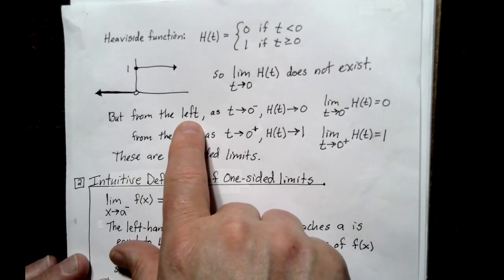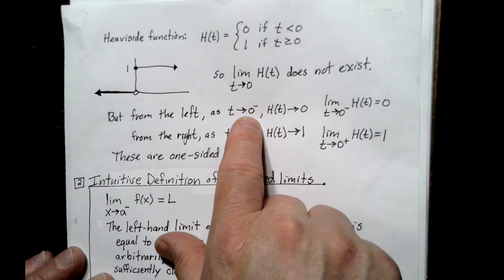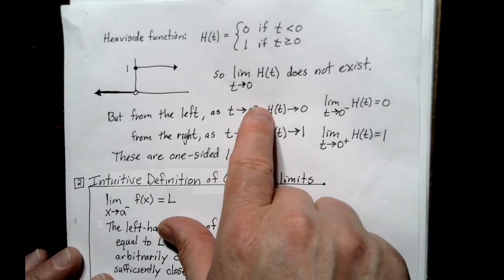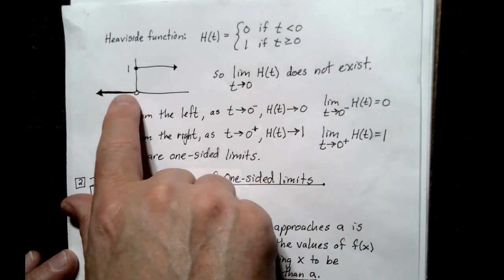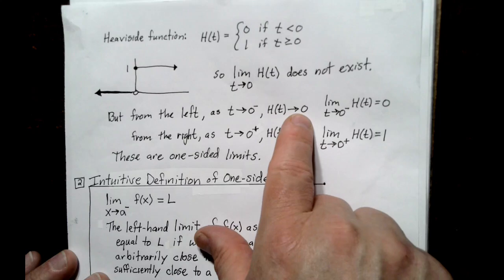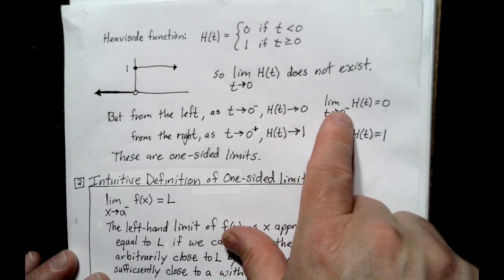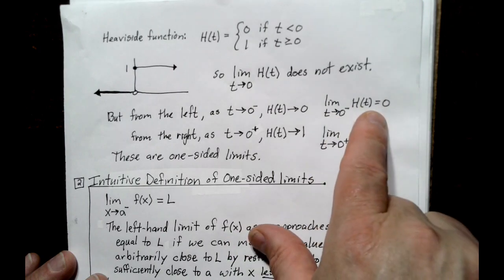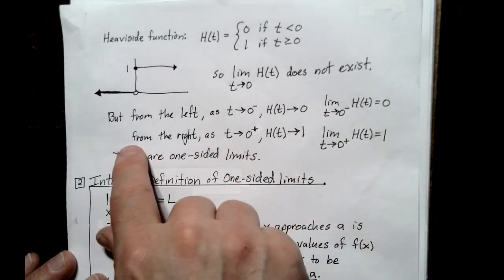But from the left, as t approaches 0 negative, if you put that little negative on the upper right of a number, that means you're approaching it from the left, from a lesser value. We can say that h of t approaches 0, and the limit as t approaches 0 from the left equals 0. And same thing for the right.